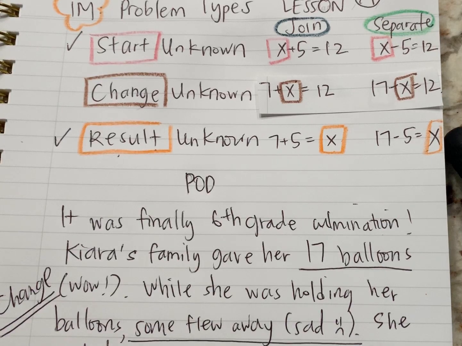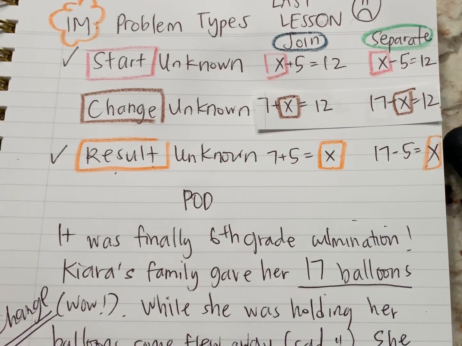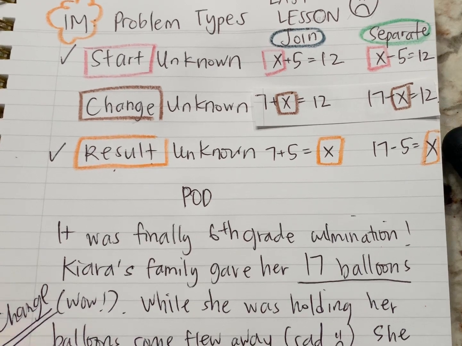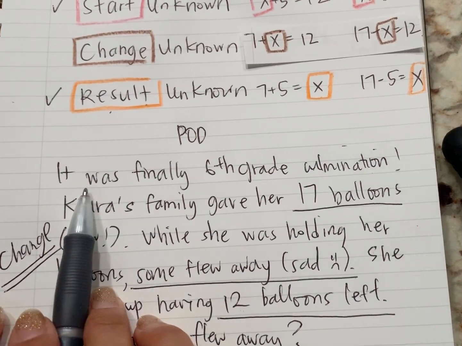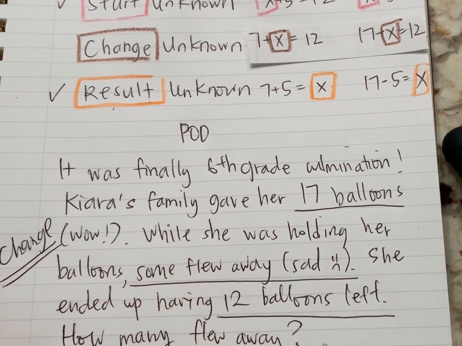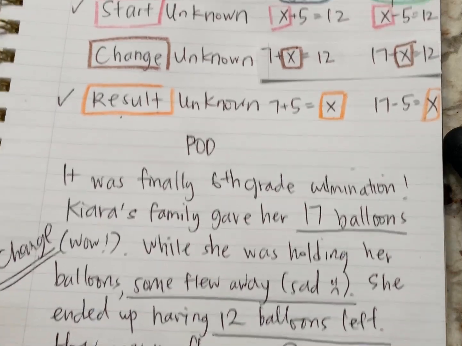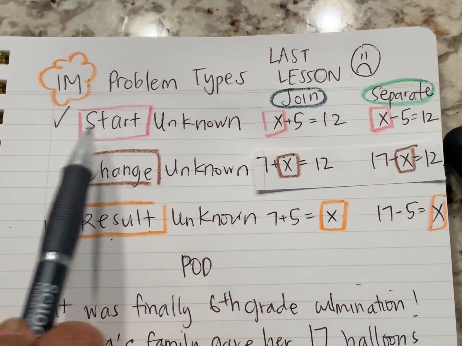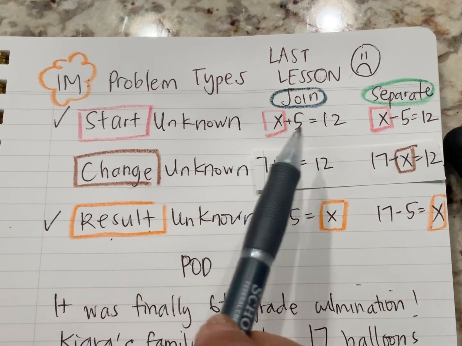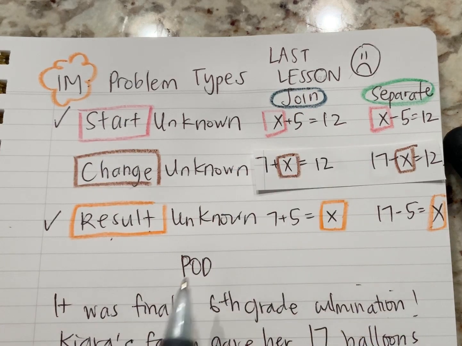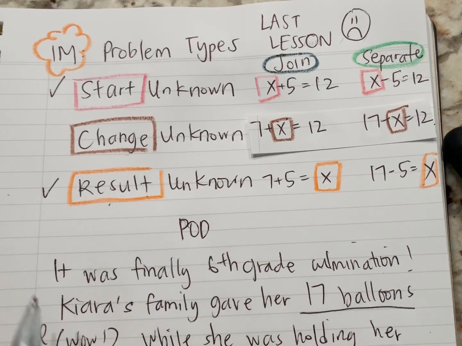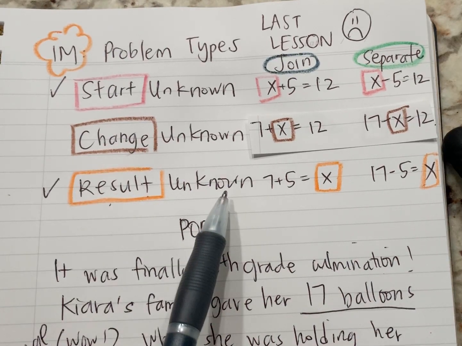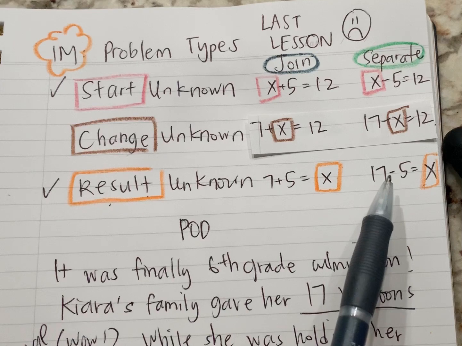We've done this before where we've manipulated PODs so that we can practice with the different problem types. So you're taking this Kiara POD and writing it 2 more times. One time you are going to write it so that it reflects a start unknown algebraic equation. And then you're going to write it one final time to reflect a result unknown algebraic equation.